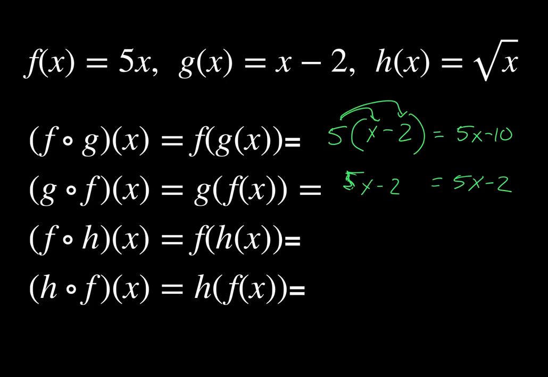Start with what's the f of x function? 5x. But instead of where the x is, I'm going to replace it with h of x. So 5 times x, but now the x isn't x, it's h of x. So it would be 5 times square root of x.